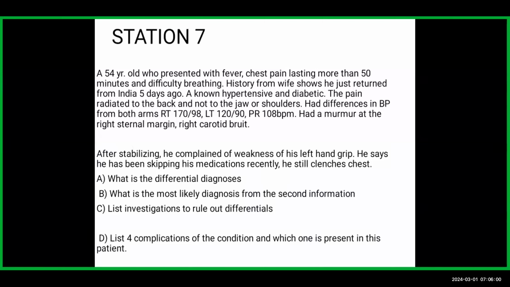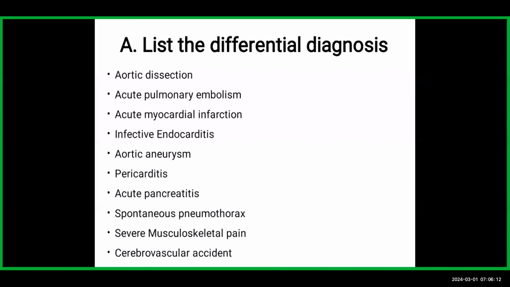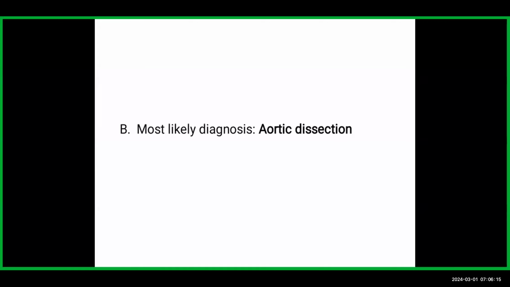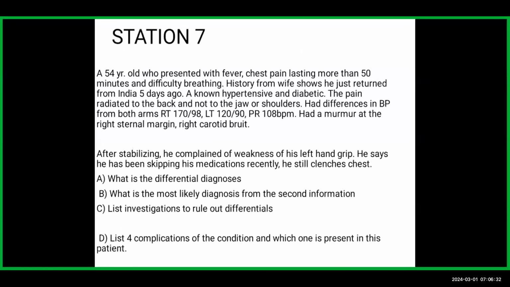So we want to look at cerebrovascular disease. Is the patient having a CVA? Looking at the risk, he is hypertensive and diabetic. Those are risk factors for stroke that the patient could have. So the most likely diagnosis, for the big question, is aortic dissection, from the reasons I explained: the significant difference in blood pressure between the left and right arm, the sudden onset chest pain, and being hypertensive, and also a murmur.